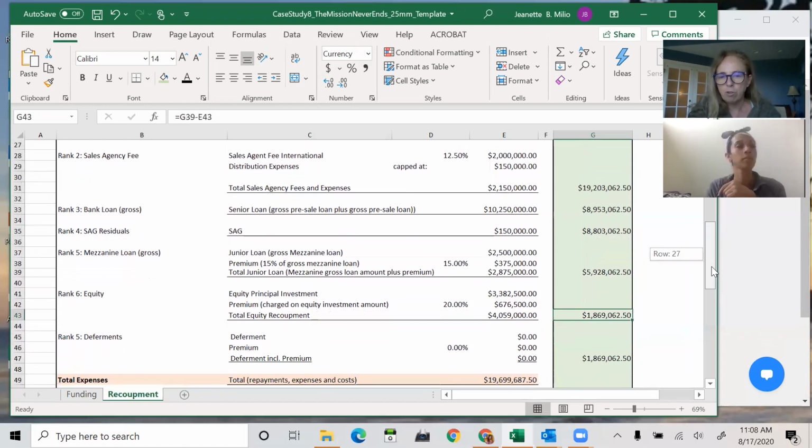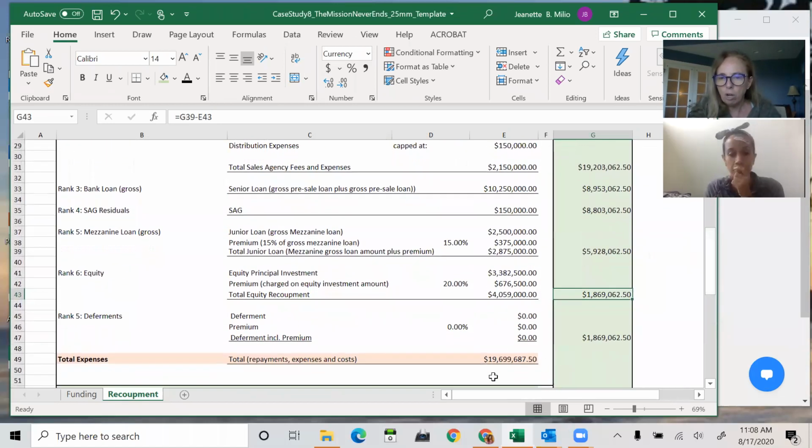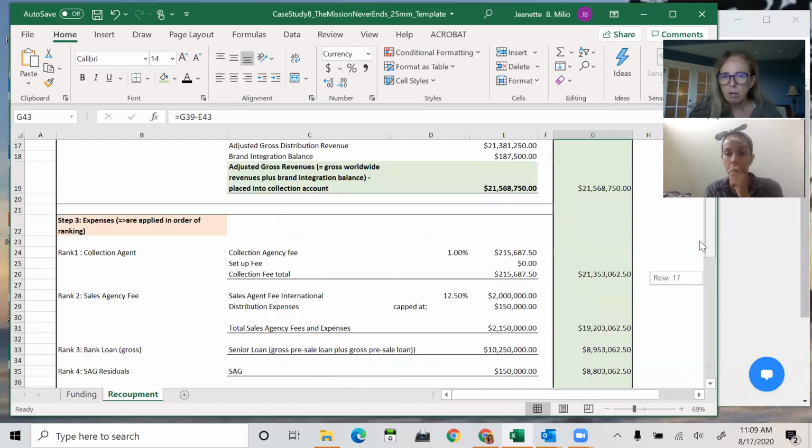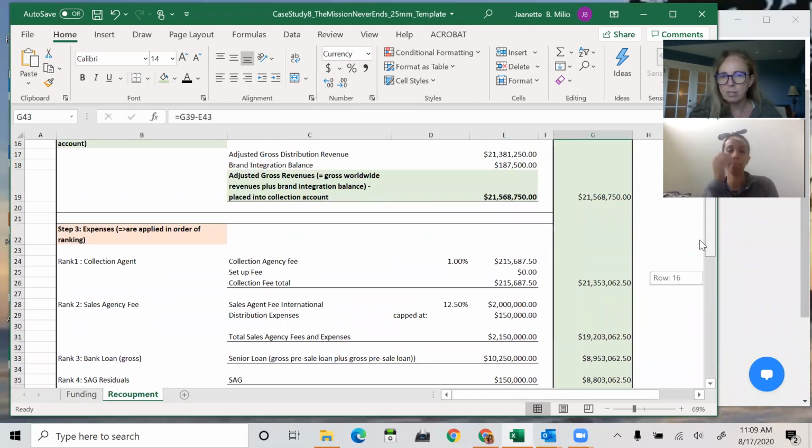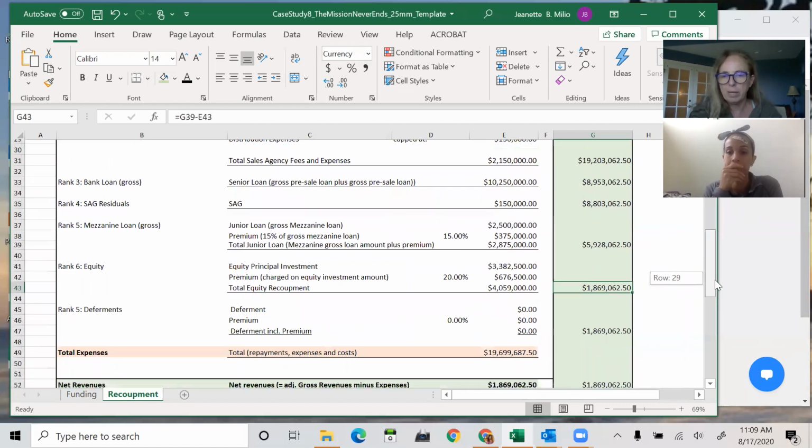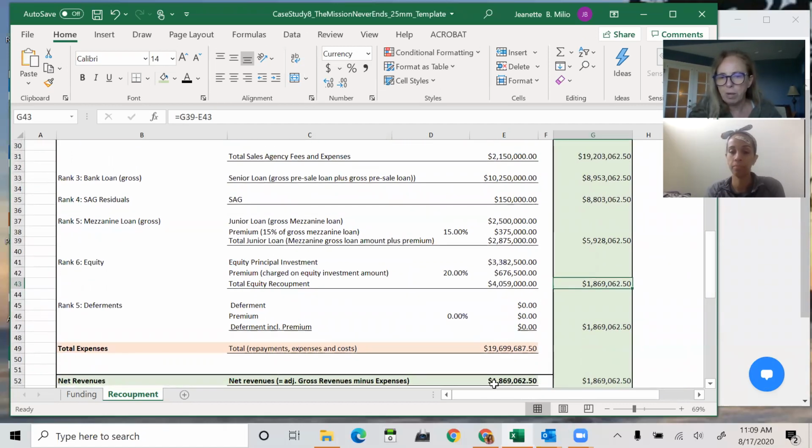And there are no deferments. So if I calculate all these expenses and sum them up, I have expenses totaling $19,699,687.50. And when I take all my revenues of $21,567,750 and deduct all my expenses, I should be arriving at the same number that I have left in my waterfall, obviously.